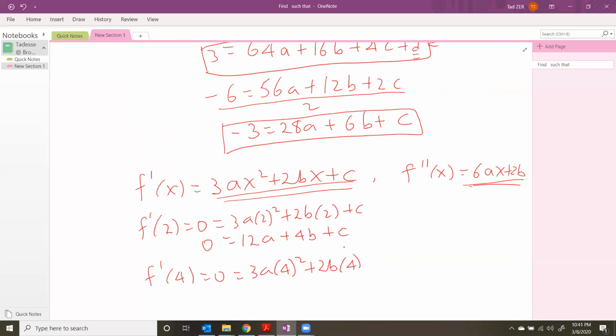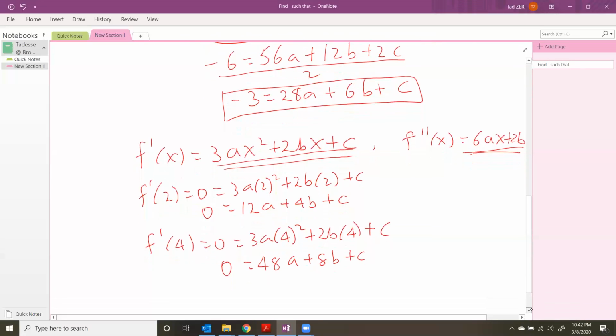If you have relative extrema, it should be at a critical number, and a critical number is a number in the domain where the derivative is 0 or does not exist. So 4 squared is 16, 16 times 3 is 48a plus 8b plus c. That's what I have now.